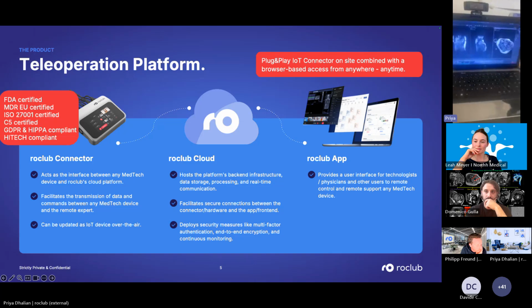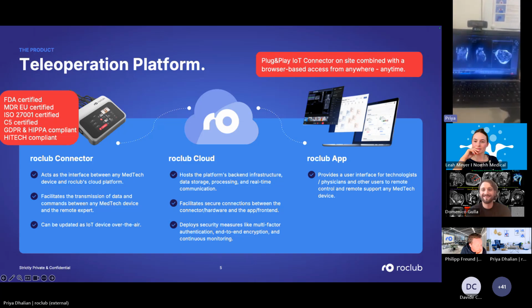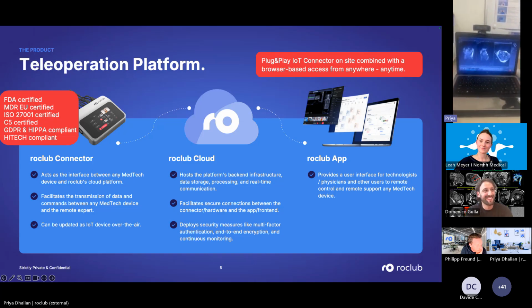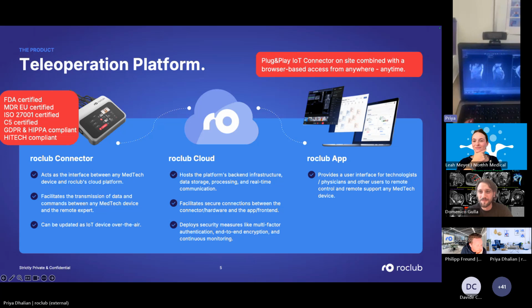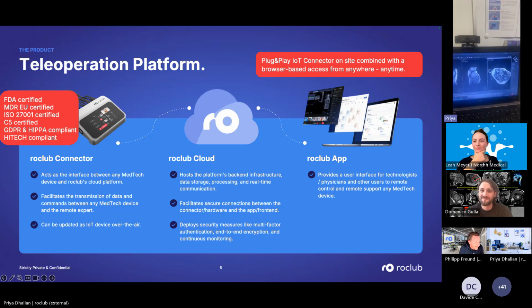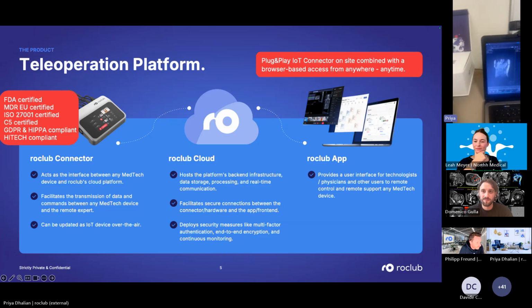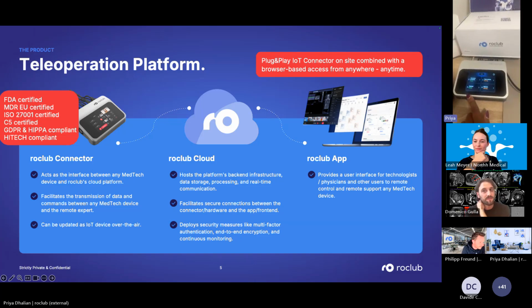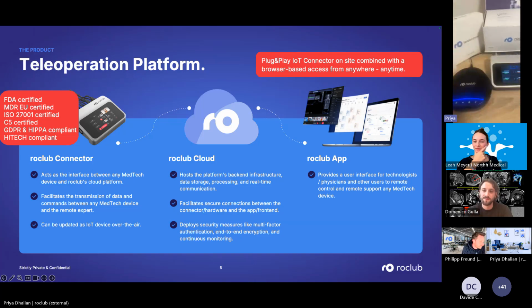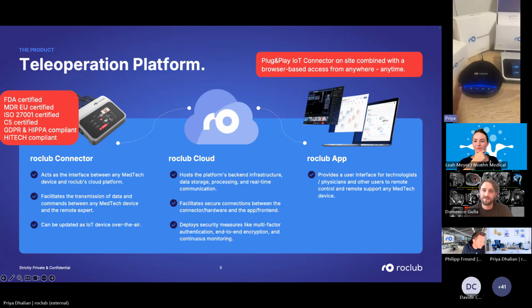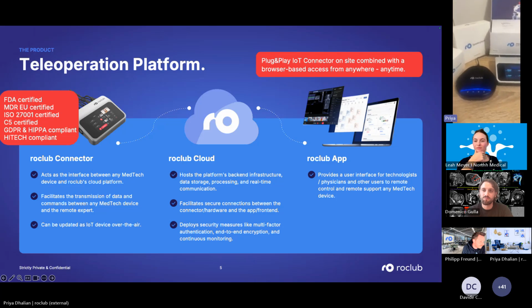So please use your imagination now and think that this is your MRI monitor that you are seeing, and this is your MRI scan that you have available. The video stream is connected to the connector, and the connector has the addition of a teleconference speaker. This allows the audio communication to take place with the radiographer on site and with your application specialist remotely.